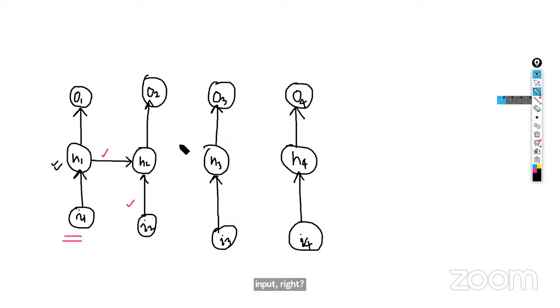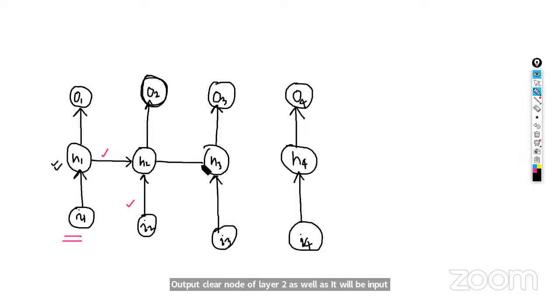So for the rest of the layers, whatever output H2 generates goes to the output layer node of layer 2, as well as becoming input to the next layer hidden nodes, right? Same for H3.